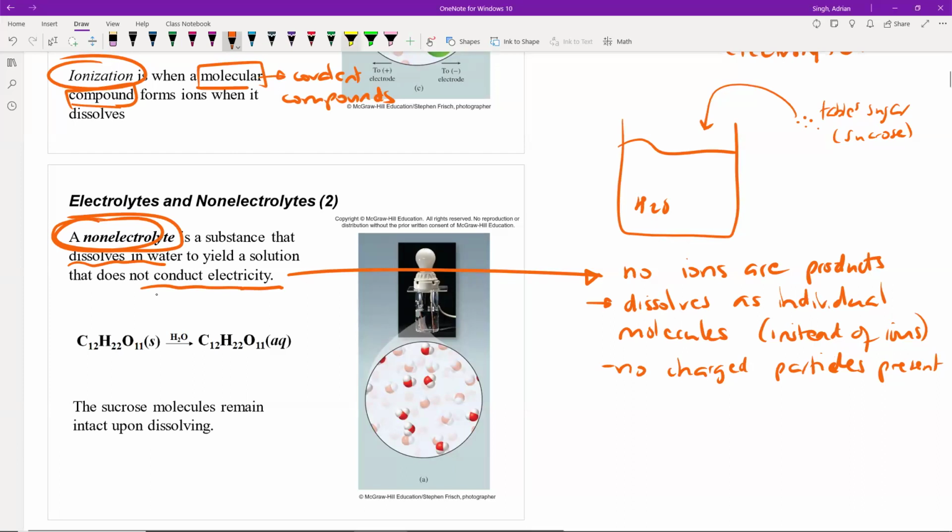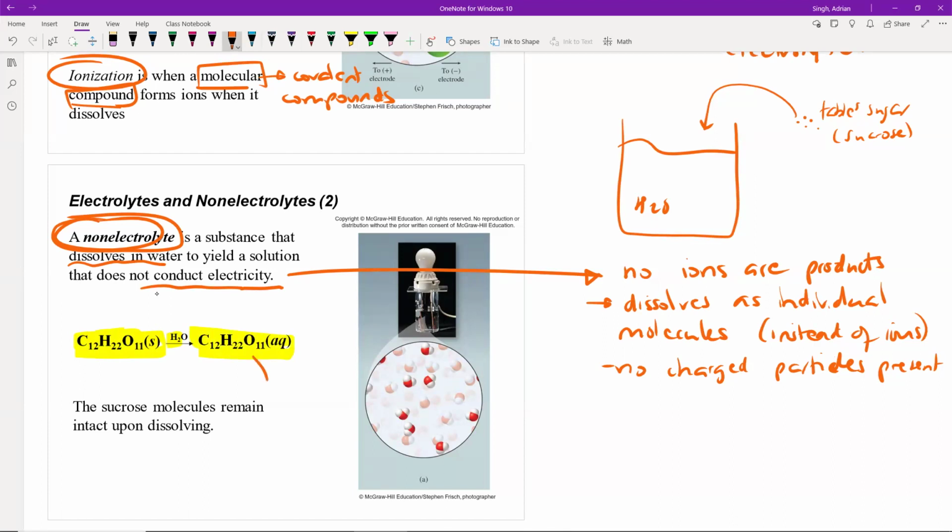If I have my sucrose over here, which is a solid, a crystal, way more complicated in makeup than table salt, and I add it to some water and stir it up, this doesn't break apart into ions, it actually breaks apart into individual sugar molecules.